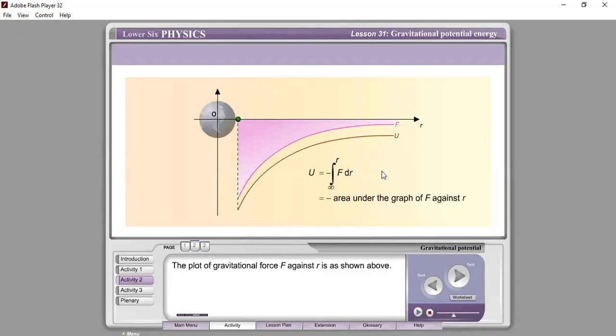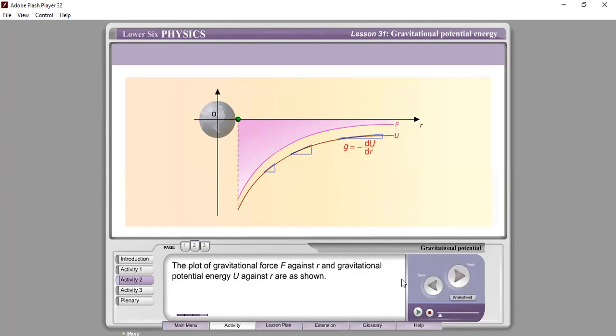U equals negative integration of F dr over the limits infinity to r, which equals negative area under the graph of F against r. The plot of gravitational force F against r and gravitational potential energy U against r is as shown. g equals negative d over dr of U. So g, gravitational field strength or gravitational acceleration, is equal to negative dU over dr.